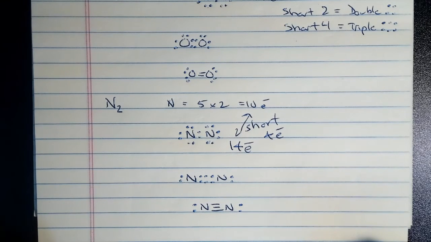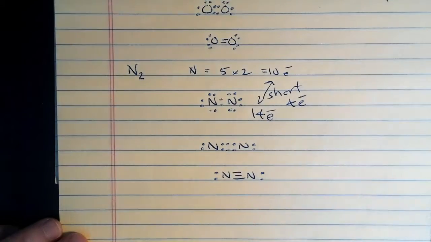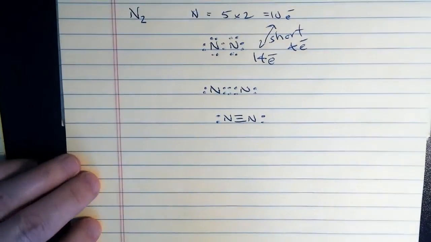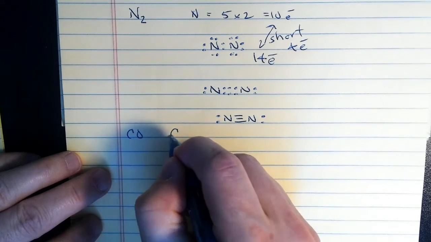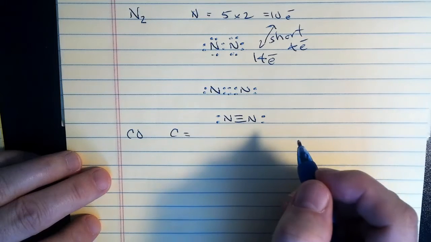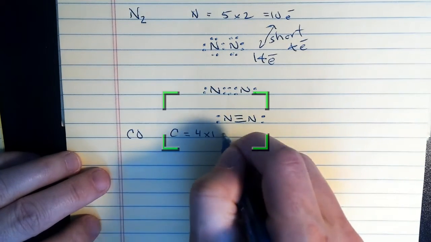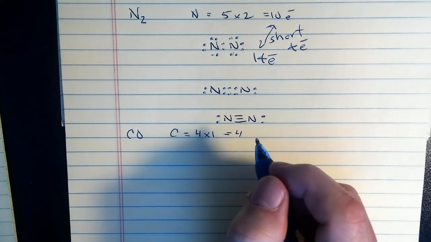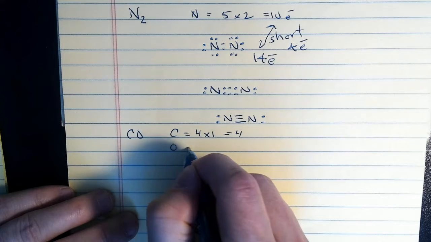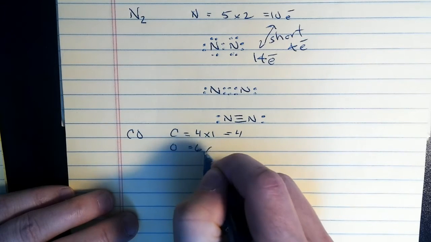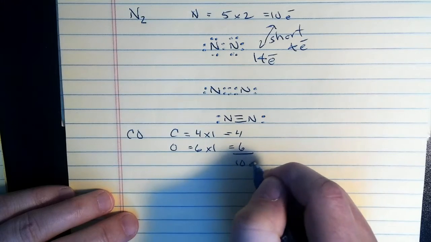Now let's look at carbon monoxide. So CO. Let's add these up. Carbon is equal to, it's group what? Group 14. So 4 times 1 is equal to 4. And then we're going to have oxygen, which is equal to 6 times 1 is equal to 6. That's 10 electrons.